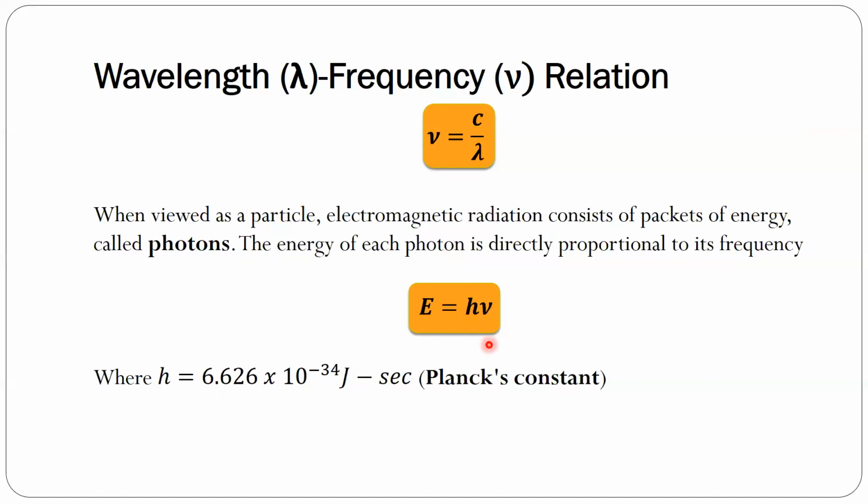So thus you have here the equation that energy is equal to h times the frequency. So the constant of proportionality that you see here is what we know as the Planck's constant. So the value is 6.626 times 10 raised to negative 4 joules second. And you don't really have to memorize this number because it's in your calculators. Okay?